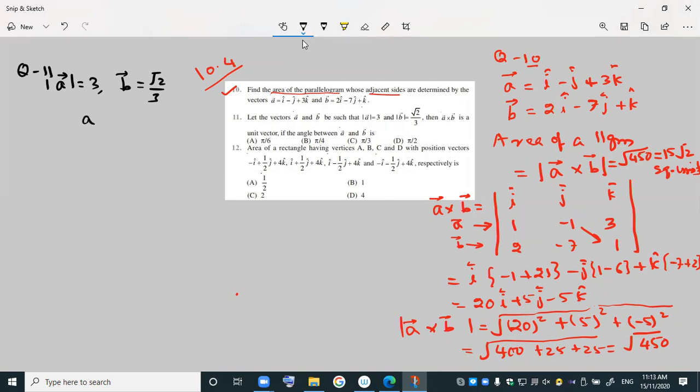So when A cross B is a unit vector, that means A cross B has magnitude 1 unit. So what is the magnitude of A cross B?